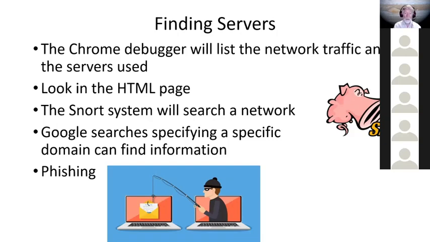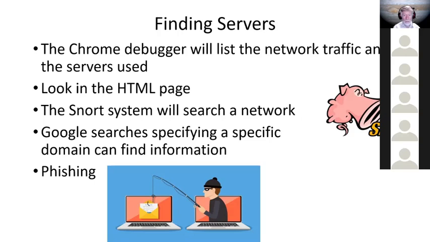There are other tools for doing this. Snort is a popular tool. They advertise it as a protection tool, although I've never seen anybody try to protect themselves with it. I see everybody try to attack with it. Snort has a feature where you can go out and say, go to this website, go to this range of addresses and tell me all about the computers that are on that.